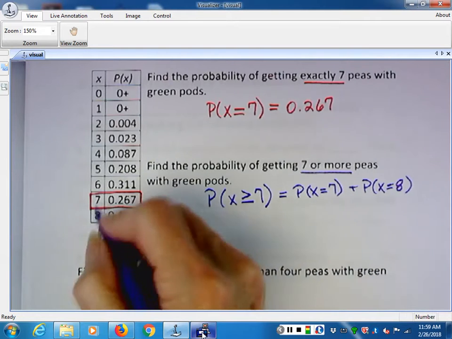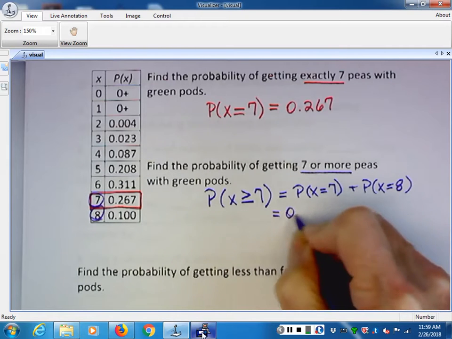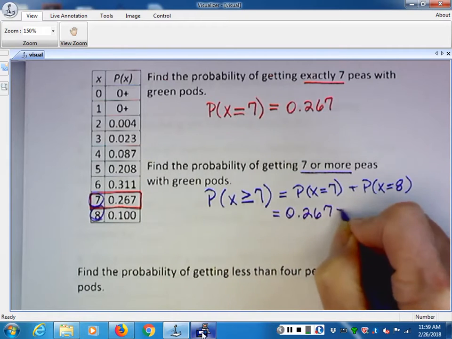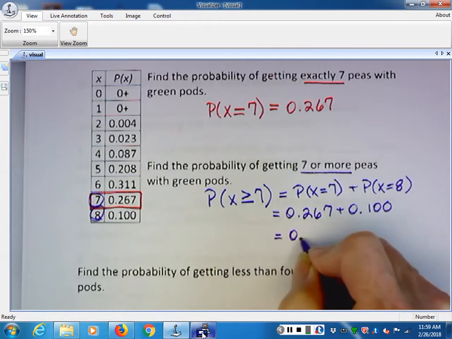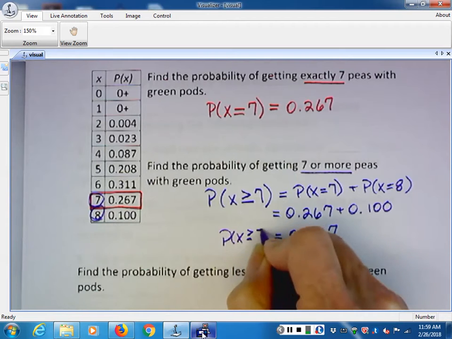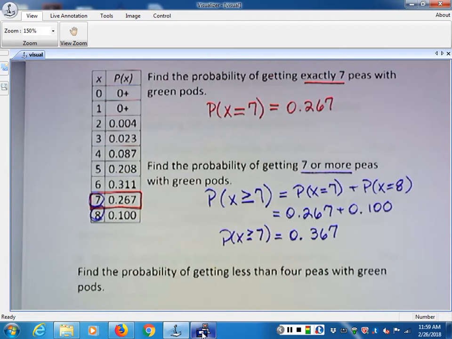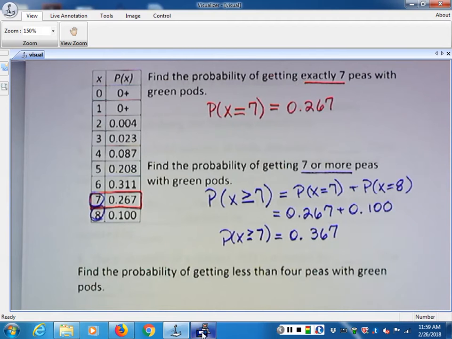And there again, out of the table, we can read the two probabilities. And the probability that x is equal to or greater than 7 is 0.367. You just add those two probabilities together, because the only two outcomes that are equal to or greater than 7 are 7 or 8. And that's why you add the probabilities.